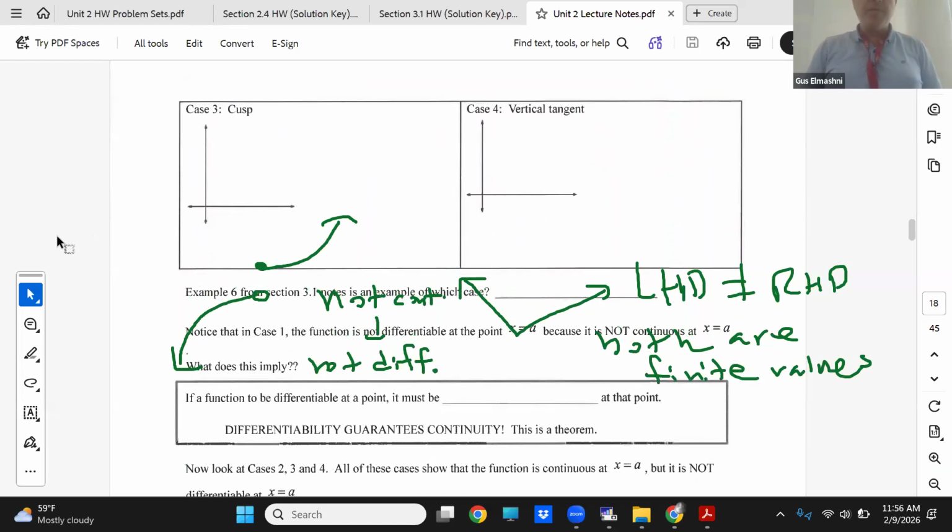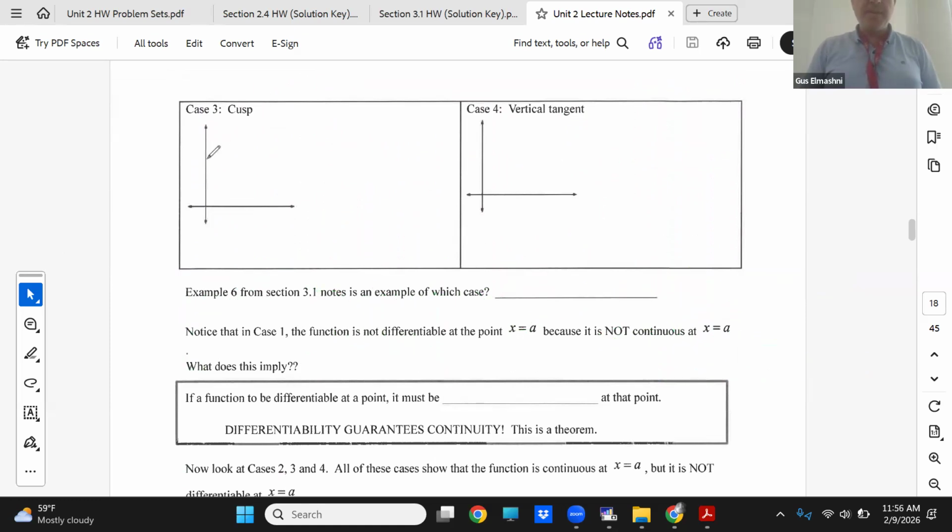And these are two more. A cusp looks like this. And a vertical tangent looks like this.